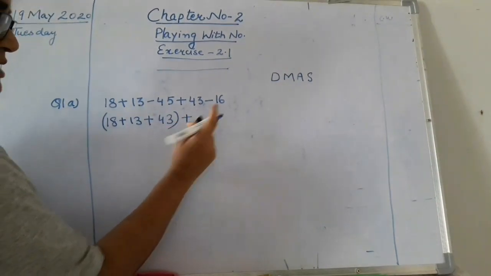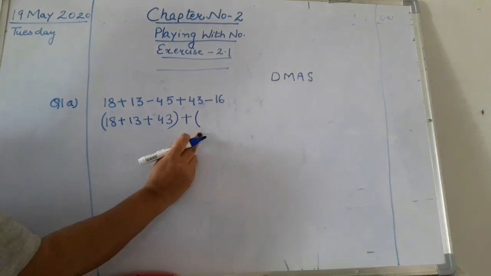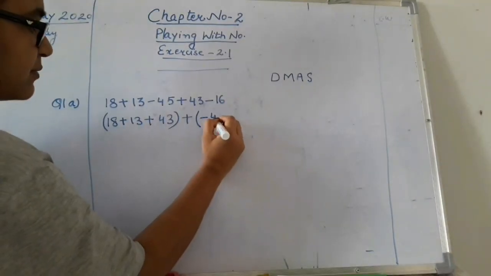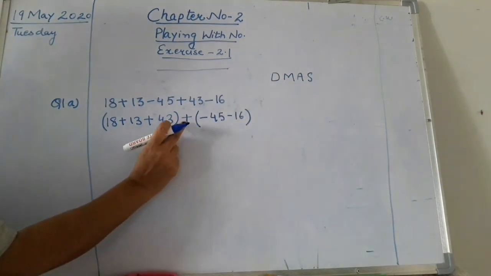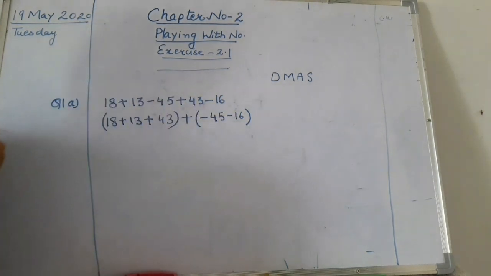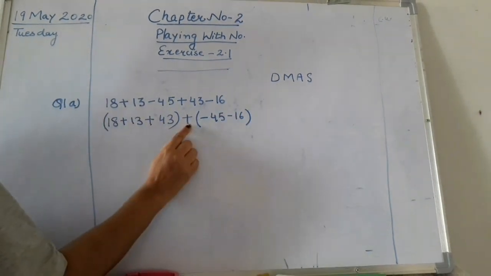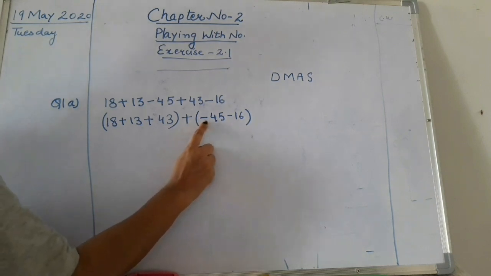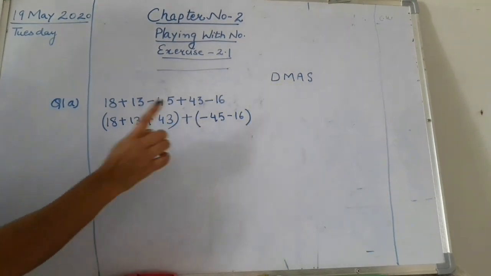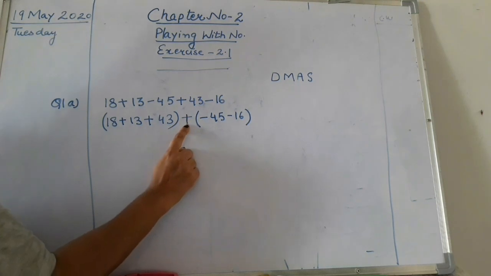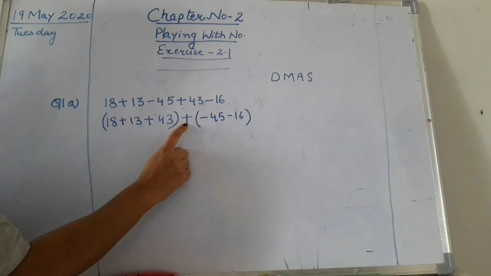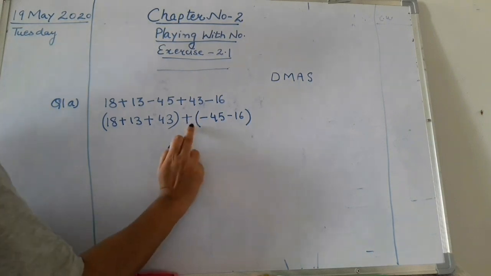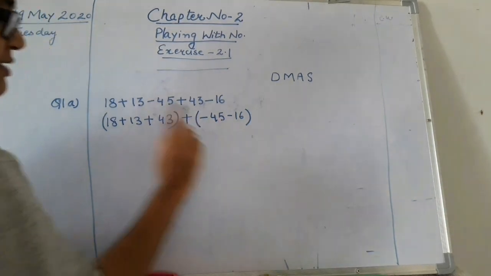Here I put a plus sign and put my bracket, and I will put minus 45 minus 16. Keep one thing in mind: if you have a plus sign in front of the bracket, the signs do not change. If you have a negative sign in front of the bracket, you have to change your signs.